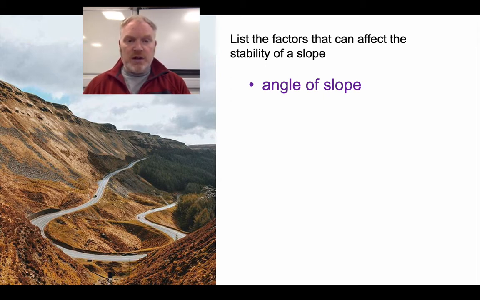Gentler slopes are far more likely to be stable. However, angle of slope is often dictated, as in this photo, by the topography of the area and also perhaps the money available to deal with a slope. Cutting back a slope to a very gentle angle consumes a lot of land and with it an awful lot of money.